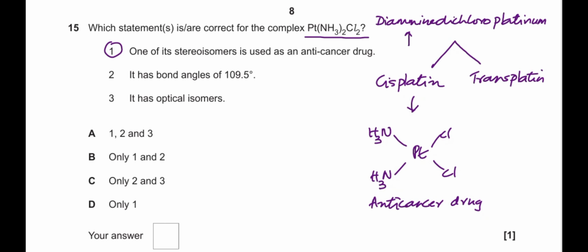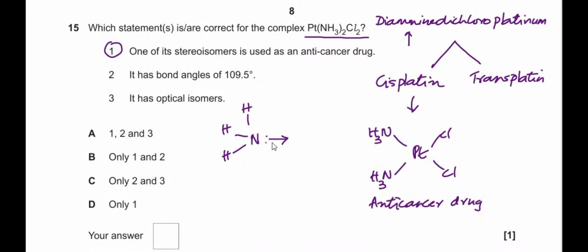Remember that to get an ideal bond angle of 109.5 degrees, the molecule should be tetrahedral in shape with 0 lone pairs of electrons. In the case of the ammonia molecules in this compound, each ammonia molecule has nitrogen having 3 bonds with hydrogen atoms, and the lone pair has been donated to the platinum as a dative covalent bond.